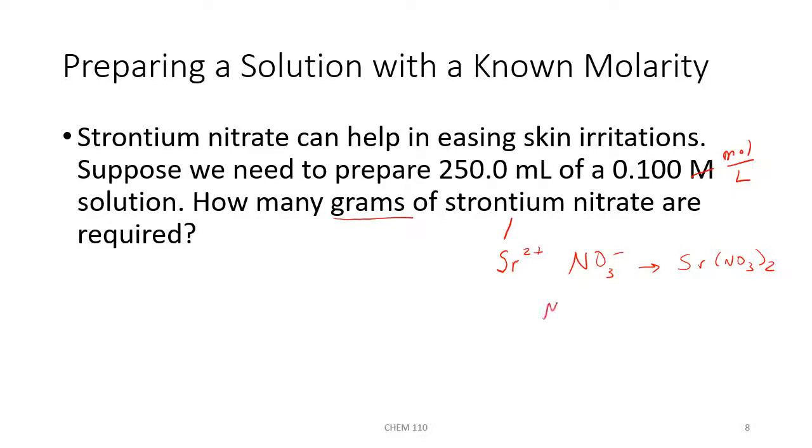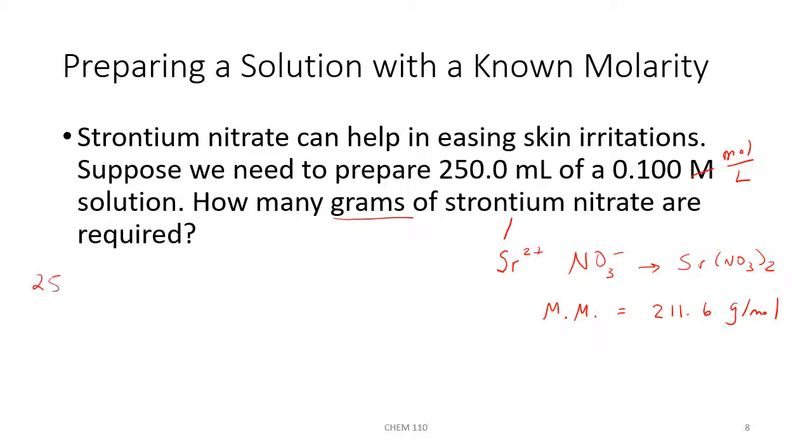So in order to get grams, we're going to need to calculate the molar mass of our strontium nitrate using the periodic table. And that should equal about 211.6 grams per mole. Now we have everything we need to determine the number of grams we would need to mass out.